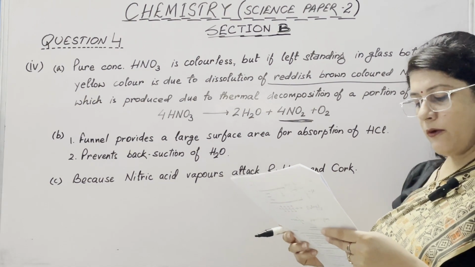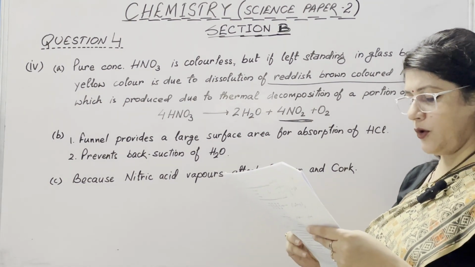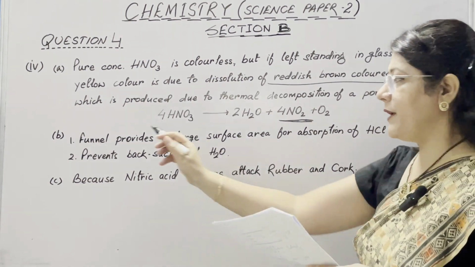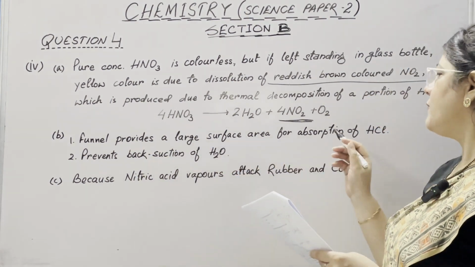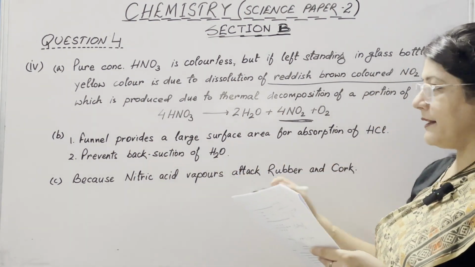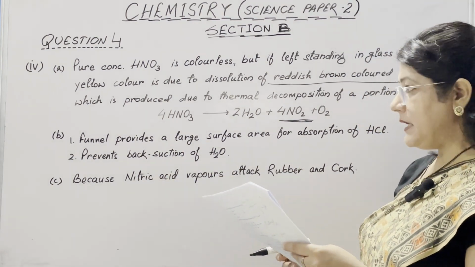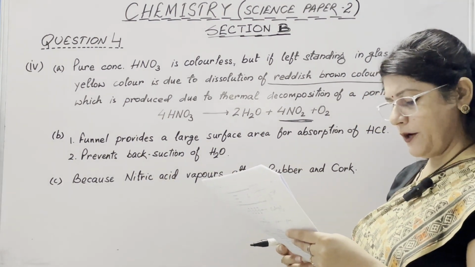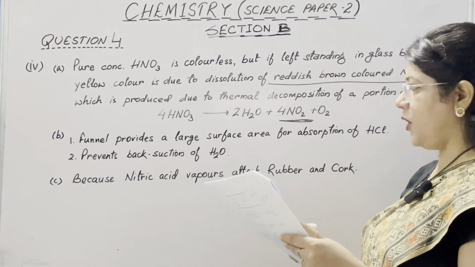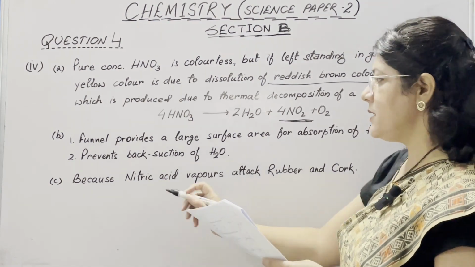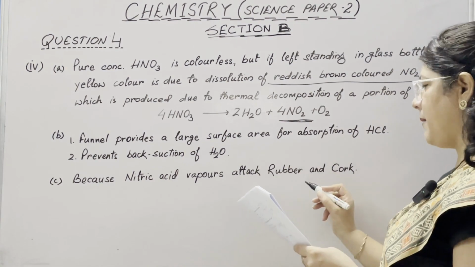In B part, an inverted funnel is used to dissolve hydrogen chloride gas in water. So the funnel provides a large surface area for absorption of HCl, and second, it prevents back suction of water. In C part, all apparatus made of glass is used in laboratory preparation of nitric acid because nitric acid vapors attack rubber and cork.